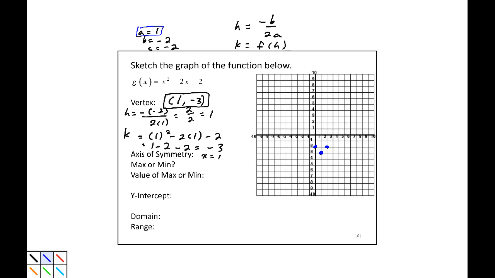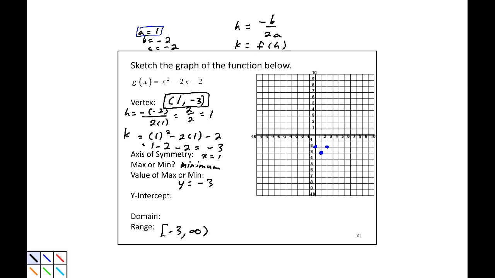So this appears to be a minimum. The value of that minimum is negative 3. Y equals negative 3 because that is the lowest point that our graph gets to. That also tells me my range, so I'm going to go ahead and answer that. This begins at negative 3 and goes up to positive infinity.